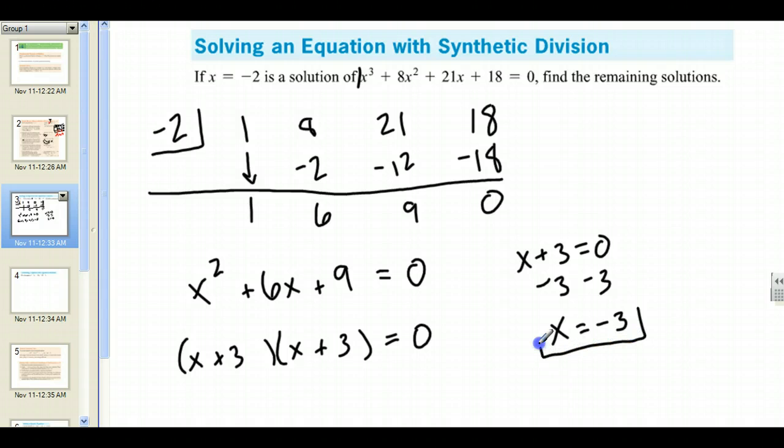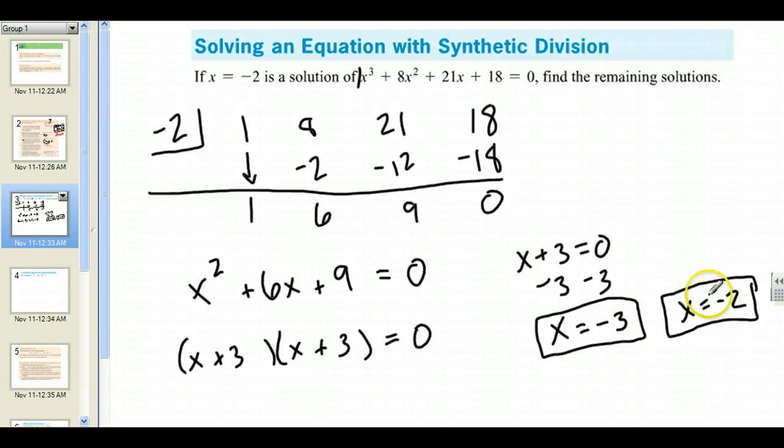Now remember, the fundamental theorem of algebra says that your solutions, x equals negative 2, and x equals negative 3, the number of solutions you have should sum to the degree of the polynomial. This is degree 3. It looks like we only have 2 solutions, but again, this one's multiplicity 2. And that's why it looks like we're only seeing 2 here.